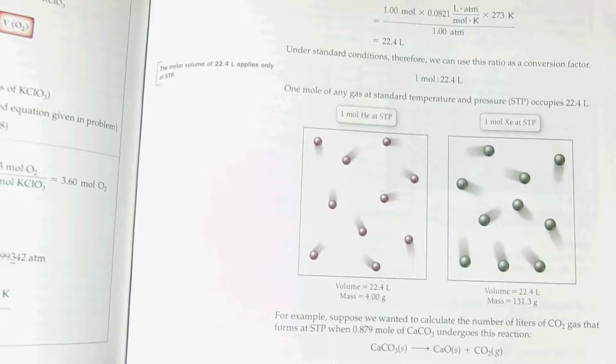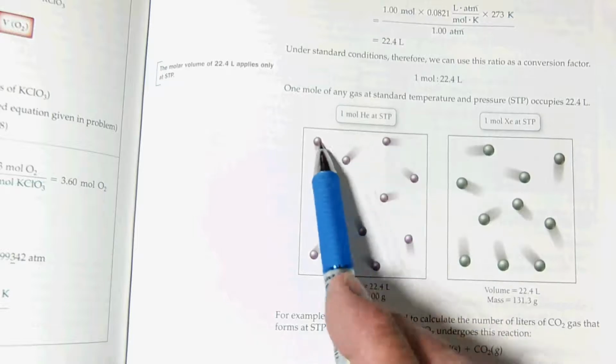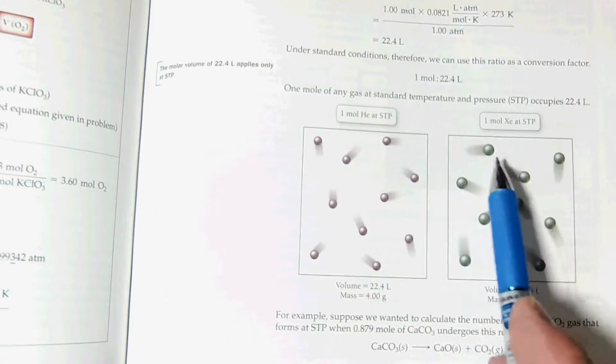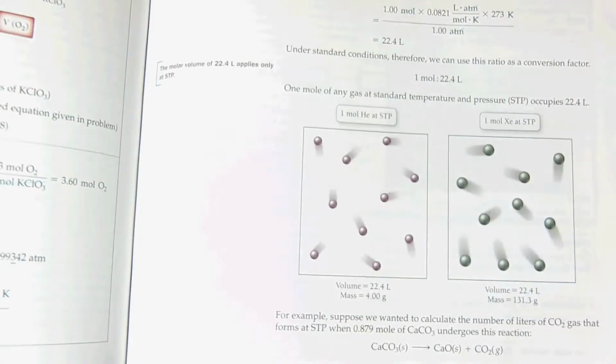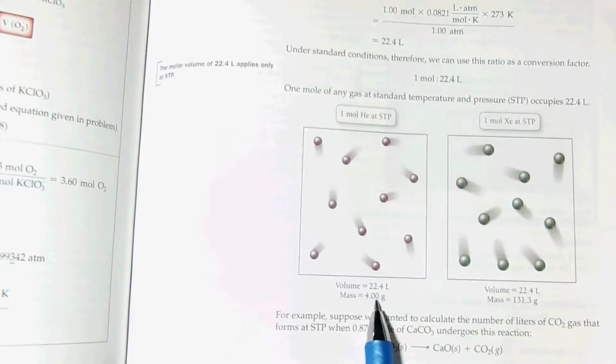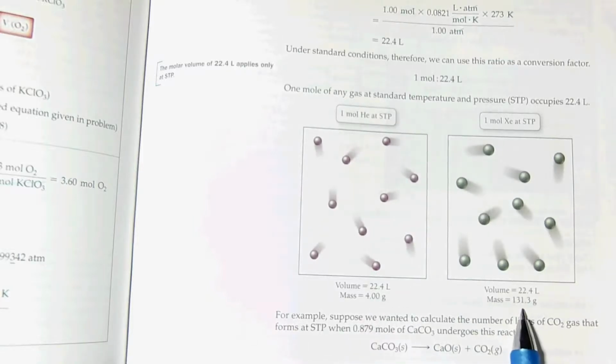You've got the same number of gas particles. So you see here you have 1, 2, 3, 4, 5, 6, 7, 8, 9, 10. I can guarantee you over here we're going to have 1, 2, 3, 4, 5, 6, 7, 8, 9, 10. Same volume, same temperature, same pressure, same number of gas particles, even though the two gases are radically different. This one's super light, this one is super heavy, but you'll still have the same number of particles.